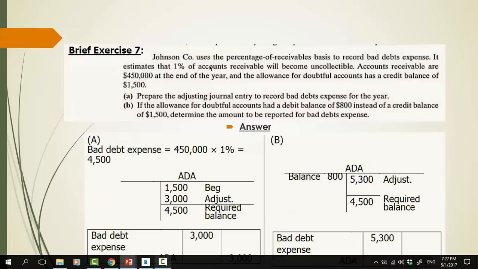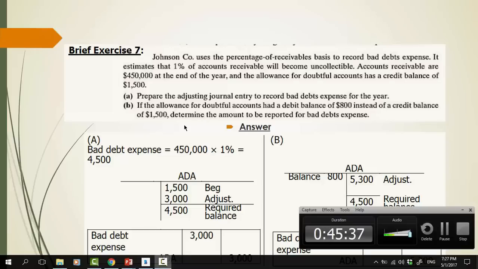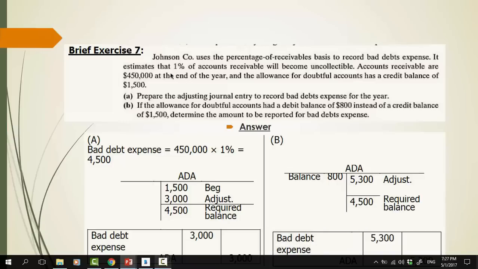Second, the company used percentage of receivables. With percentage of receivables, we must consider the balance of the ADA. We will estimate that 1% of the accounts receivable will be uncollectible.